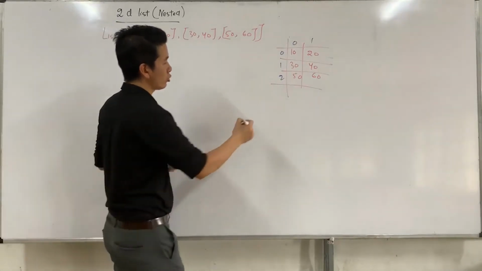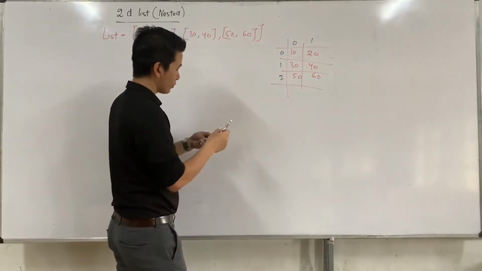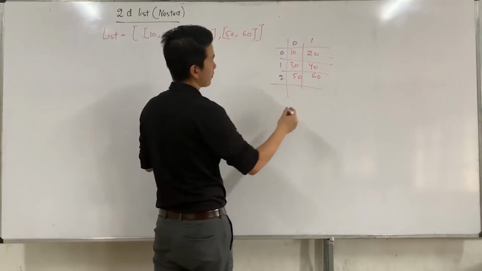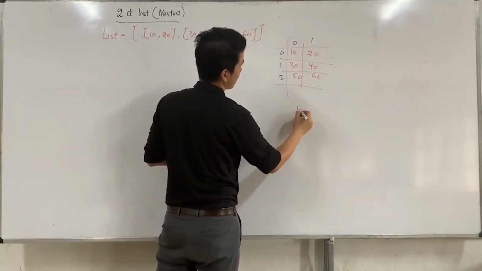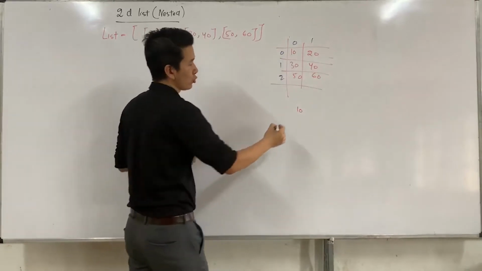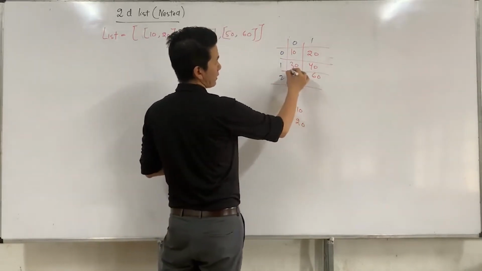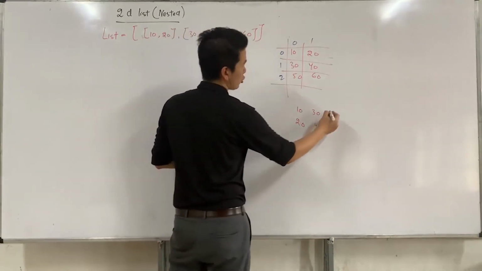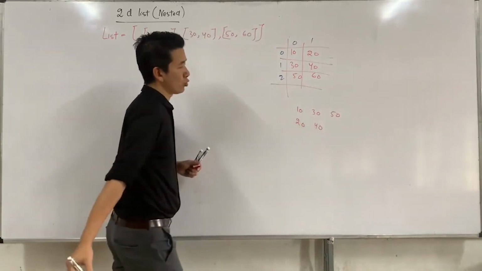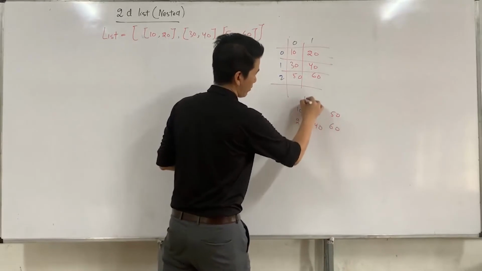So this has to be changed to this. 10, the first row will change to the first column, second row will change to the second column, and third row will change to the third column.